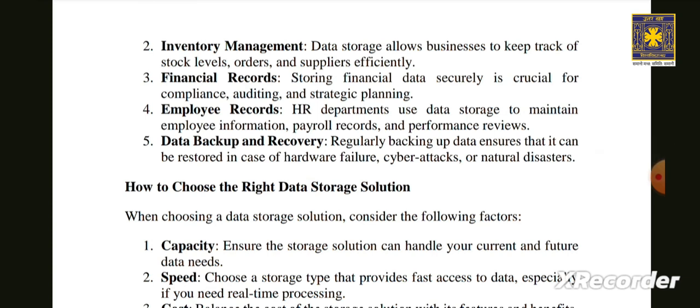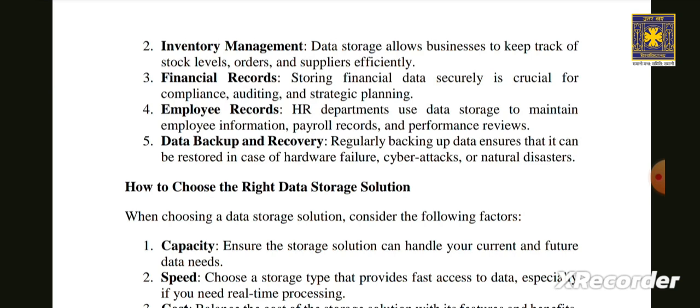We also have employee records, where HR departments use data storage to maintain employee information, payroll records, and performance reviews. This helps in managing employee details efficiently and ensuring everyone gets paid correctly and on time.